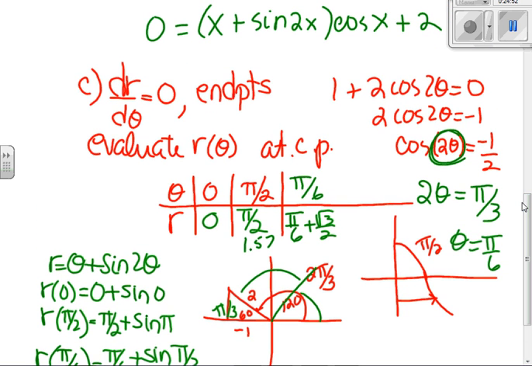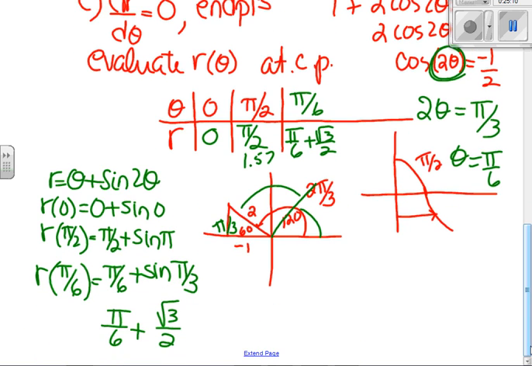Well, you can do it on your calculator. I don't know. I have to solve that. I did that wrong. But I would check it with my calculator. So this should be pi over 3.